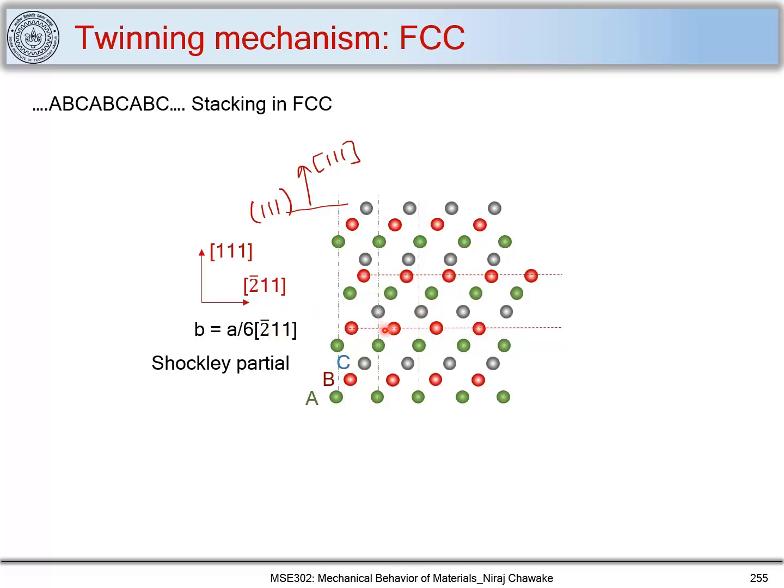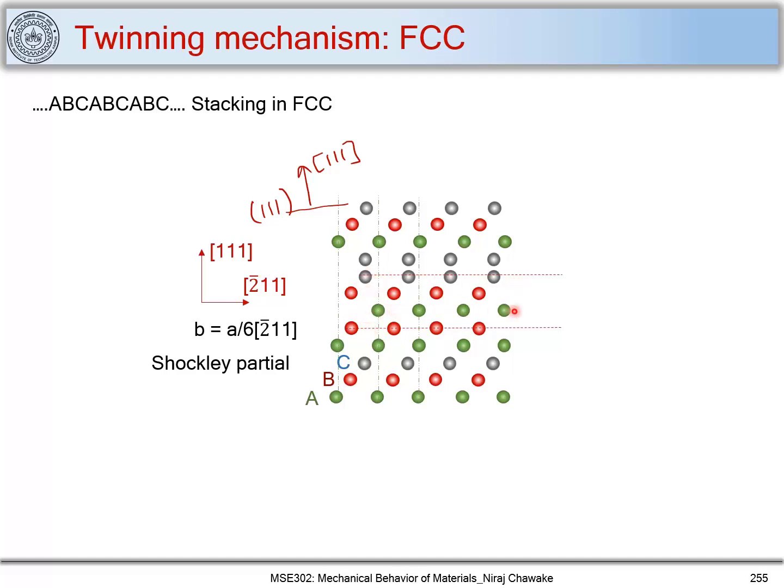And now you can see that this layer is falling over this layer. Let me change this layer to an A layer. So this becomes an A layer. This becomes an A layer. Similarly, this becomes a B layer and this becomes a C layer.